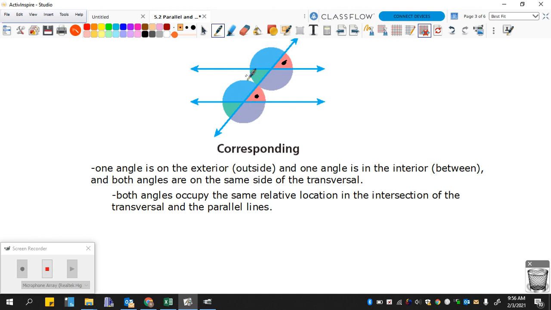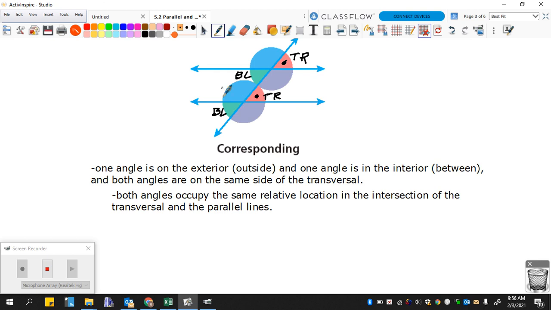So if you look at this top intersection, this multicolored circle, the red one is on the top right, and on the bottom one, the red one also is on the top right. So top right and top right. And you'll see that the green one, here the top one is on the interior, and it's bottom left, and then if you look at bottom left here, that's also on the exterior.